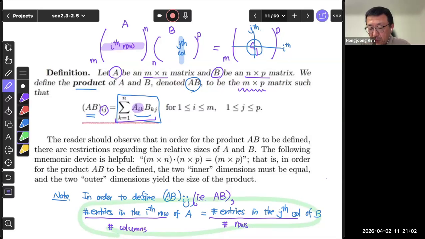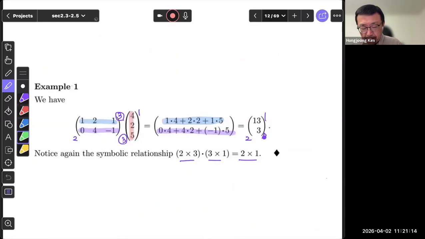Some other definitions of the product may require different requirements. But anyway, that's the one we are going to use in this class.